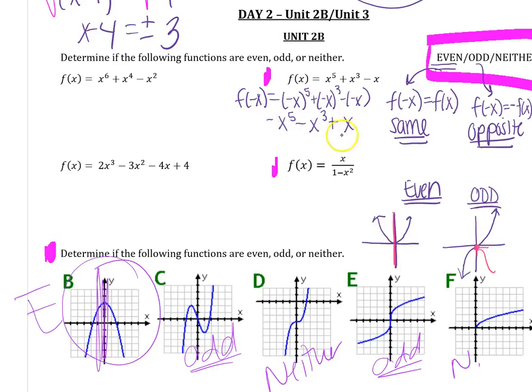So when you compare this to the original, the signs have changed to the exact opposite, which means it looks like this is equal to -1 times f of x. So therefore, this function's odd. Okay, the one below it's a little bit trickier.